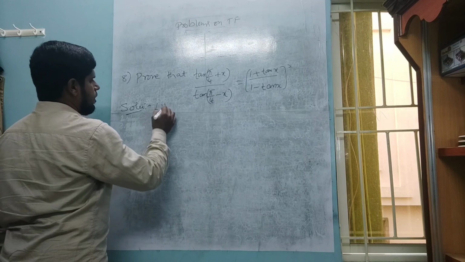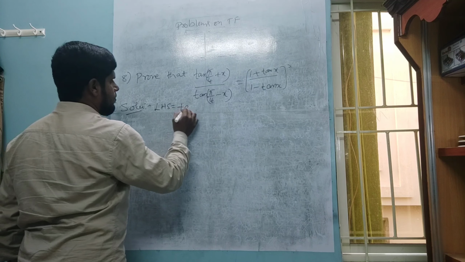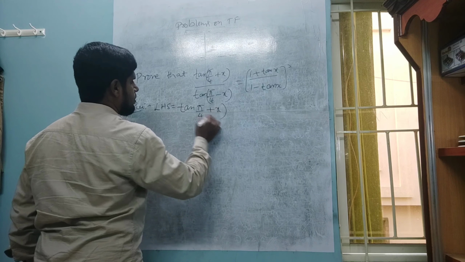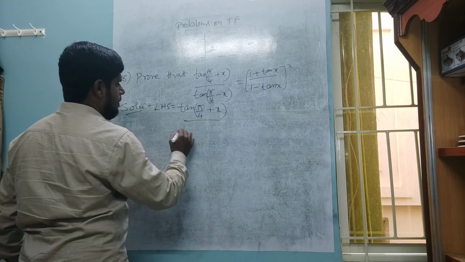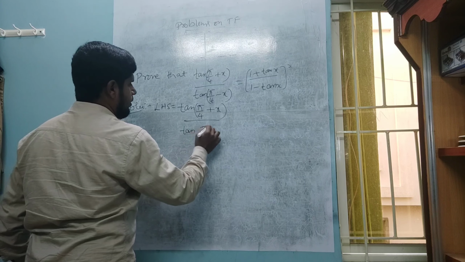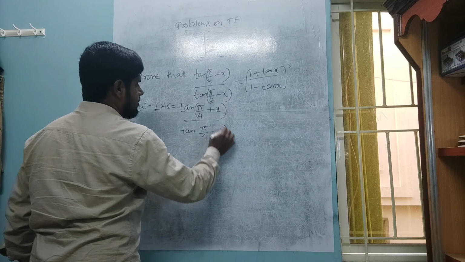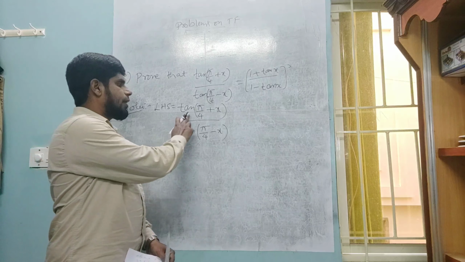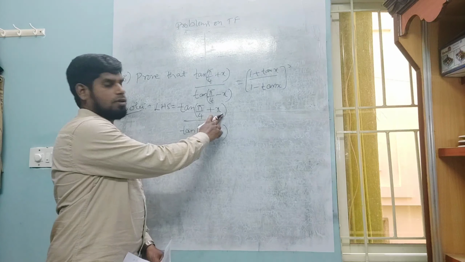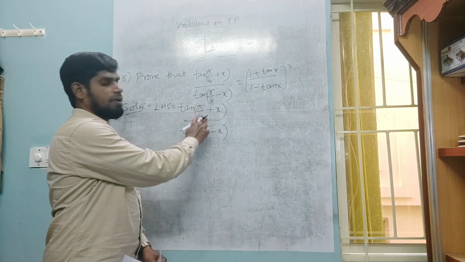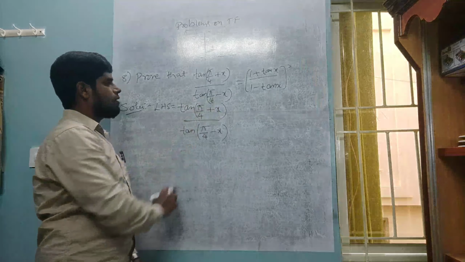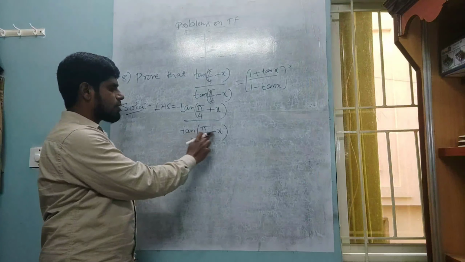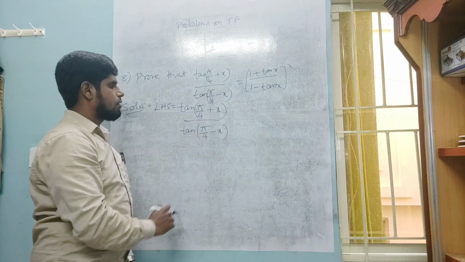Solution: LHS, tan of pi by 4 plus x divided by tan of pi by 4 minus x. So here first we will apply the tan(x plus y) formula. x is x, y is pi by 4, or anyway, but it is addition. So the tan(x plus y) formula, and here the tan(x minus y) formula.